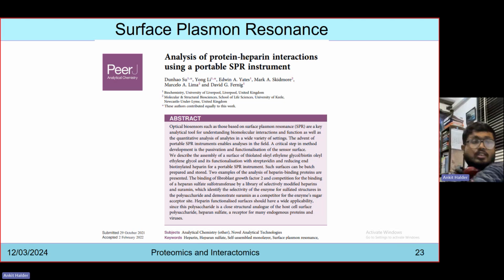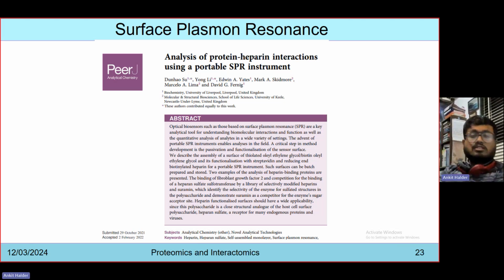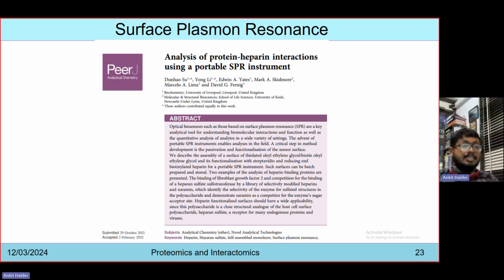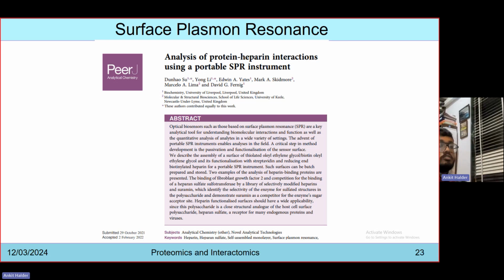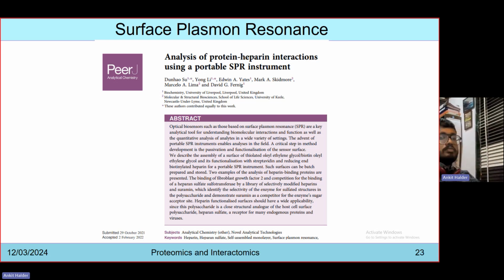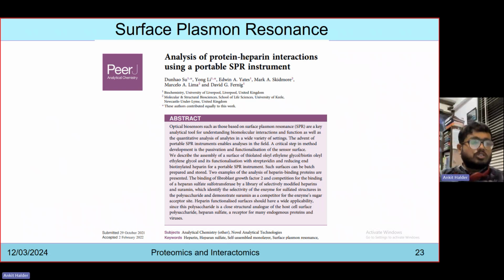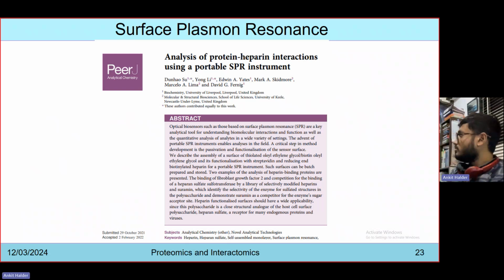Optical biosensors such as those based on surface plasmon resonance are a key analytical tool for understanding biomolecular interactions and function, as well as for quantitative analysis of analytes in a wide variety of settings. The advent of portable SPR instruments enables analysis in the field.